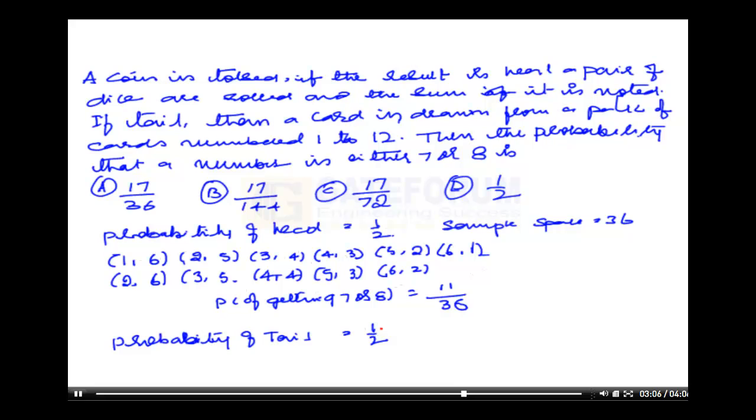Therefore, the probability of getting 7 or 8 is 2 out of 12 cards. So therefore, that is 1 by 6.